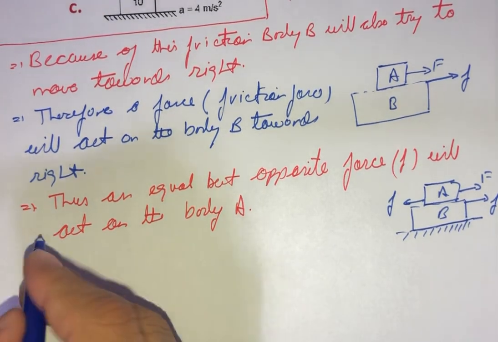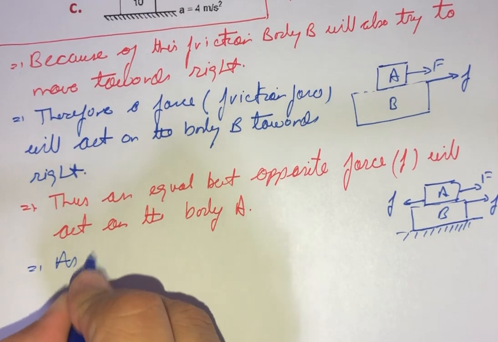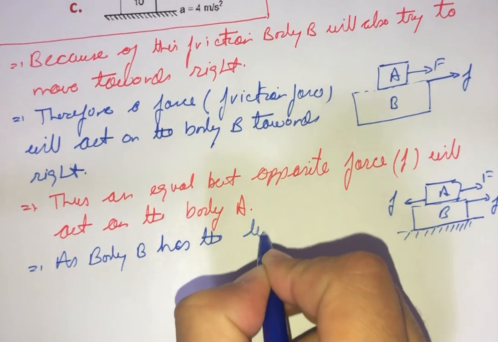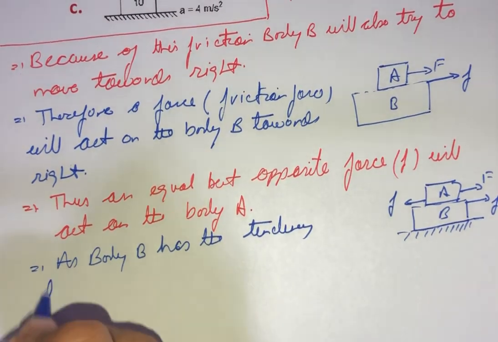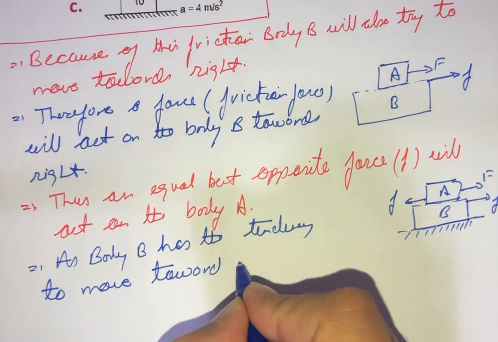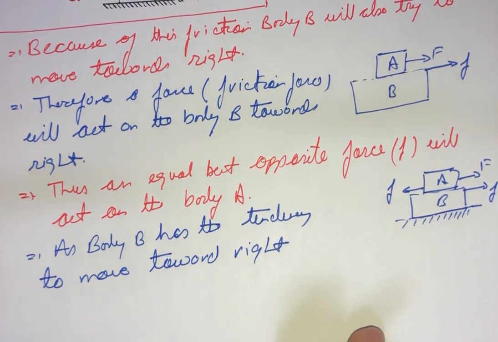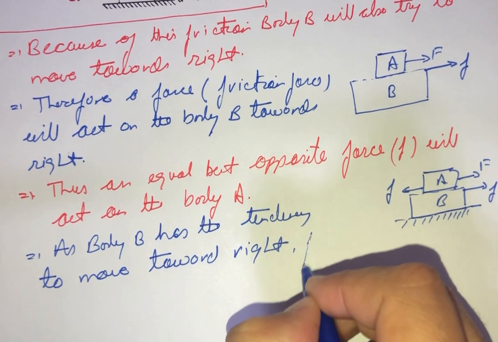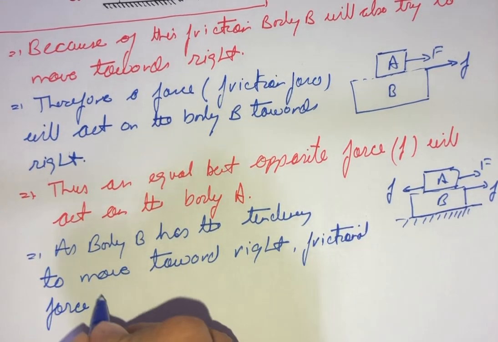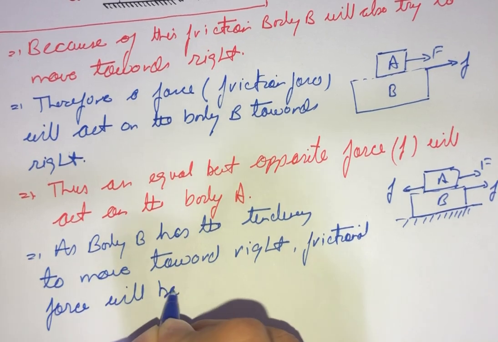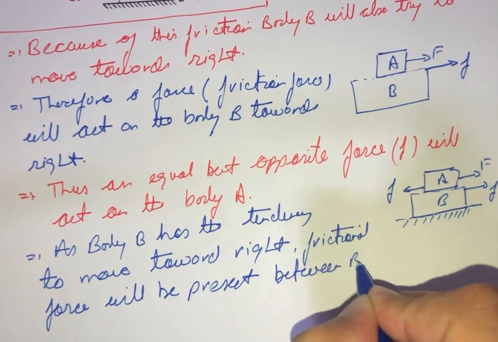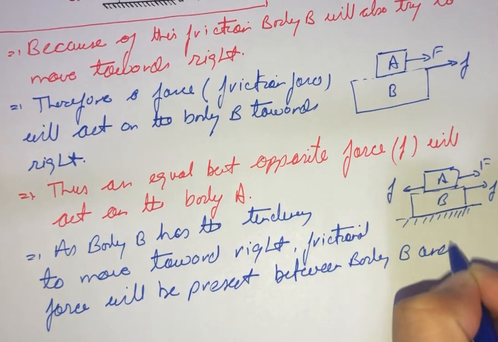So you can say that as body B has the tendency to move toward right, a force of friction, rather we call it frictional force, will be present between body B and ground.